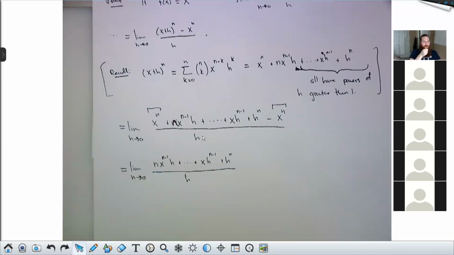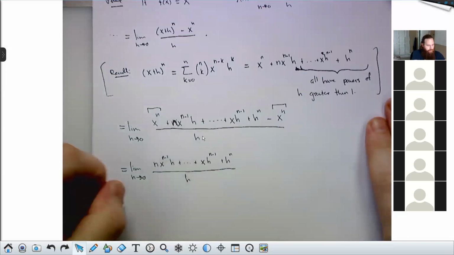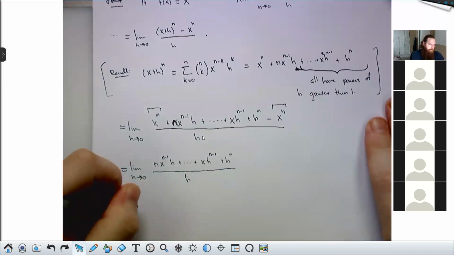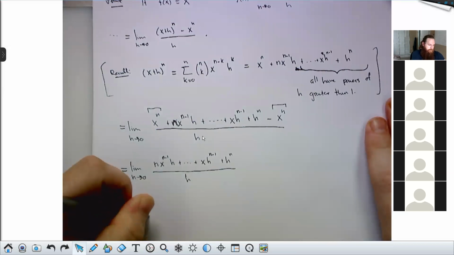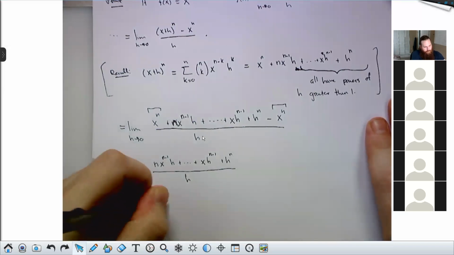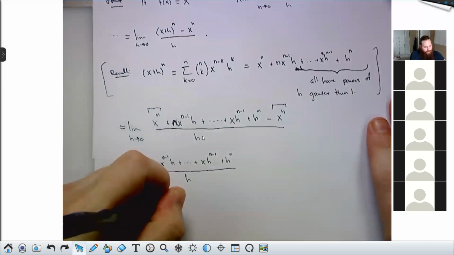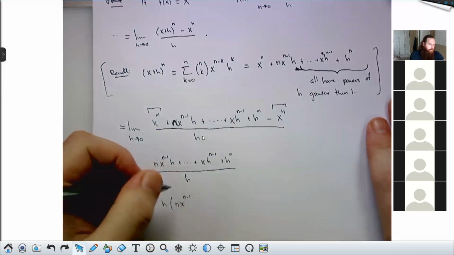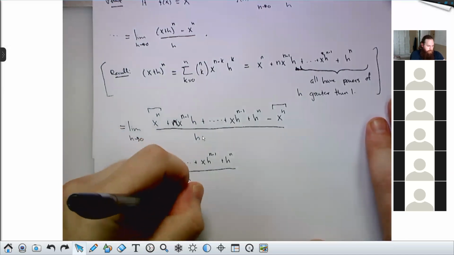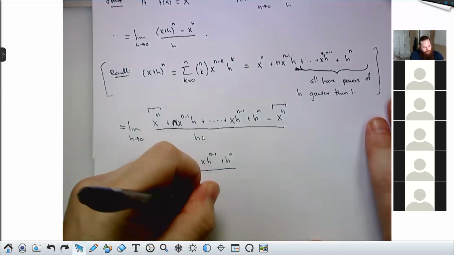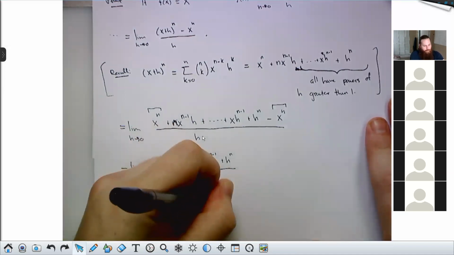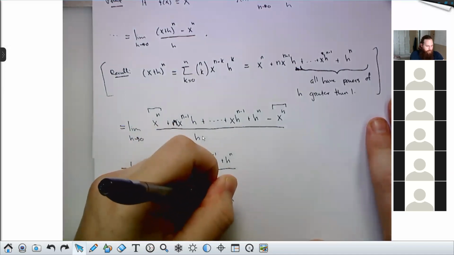And now when we factor h out from the top, we'll have h times n x to the n minus 1 plus a bunch of stuff with h's.